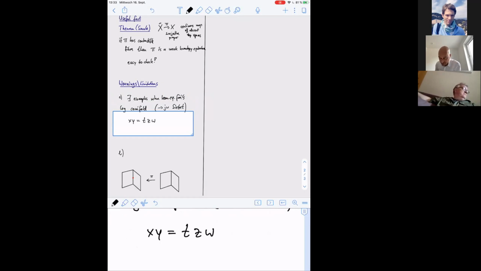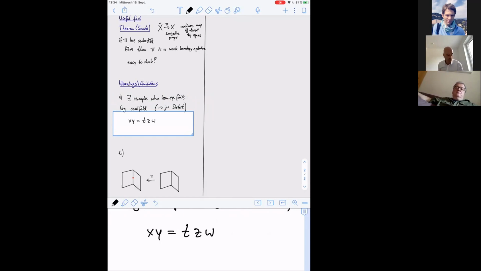But if you send t to 0, we just have again two planes meeting, actually in the threefold family, two affine three-spaces meeting in a two-space. If t is 0, that's what you get, and if t is non-zero, then you have a conifold. So this is a degeneration of a conifold.